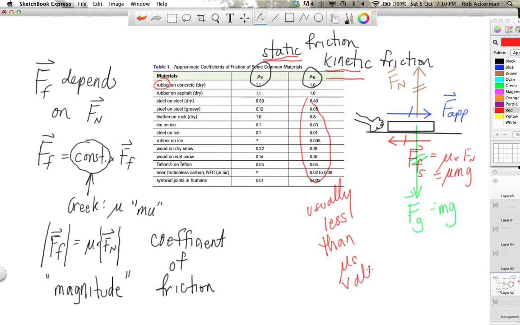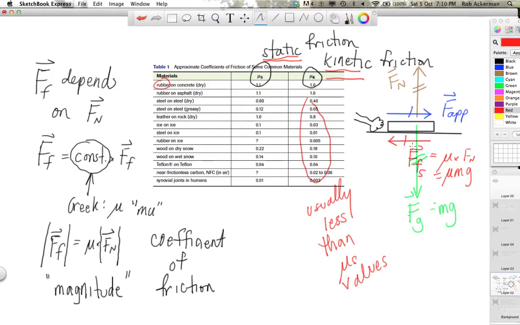And why is that? Think about it for a minute. Pause the video if you have to, but assuming you're back now after thinking about it, when an object is static and is sitting on a surface, it has a little bit of time for the molecules in its surface to make very weak bonds with the molecules on the surface that it's sitting on. And the longer it sits there, the stronger these bonds can become.